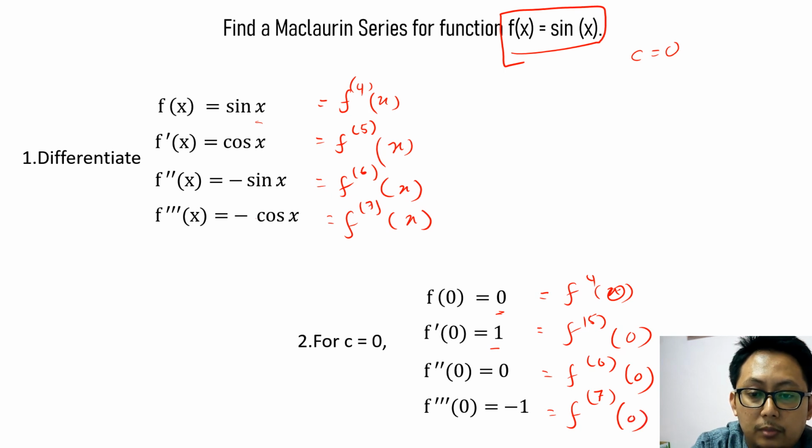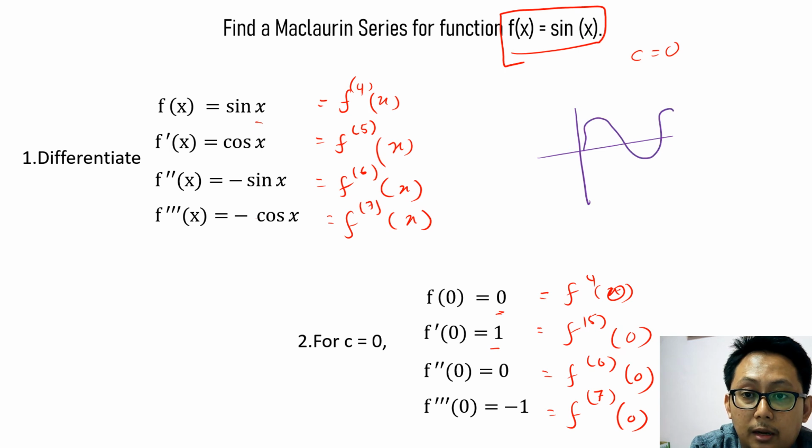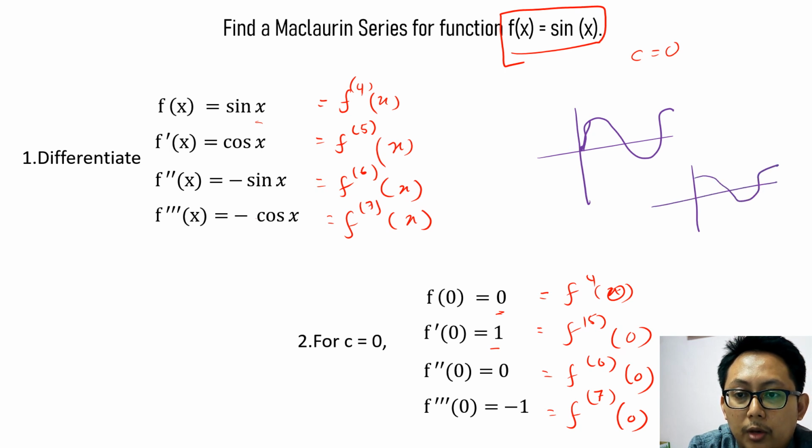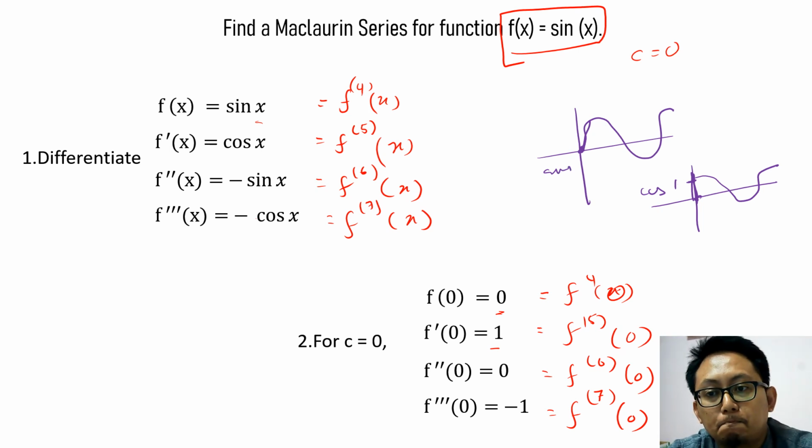If you still remember the graph of sine and cos, for the cos graph at 0 the value is of course 1, and for sine at 0 the value is 0.